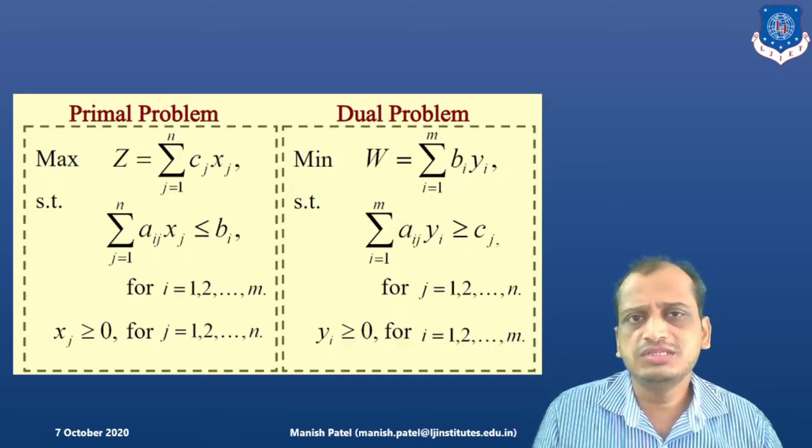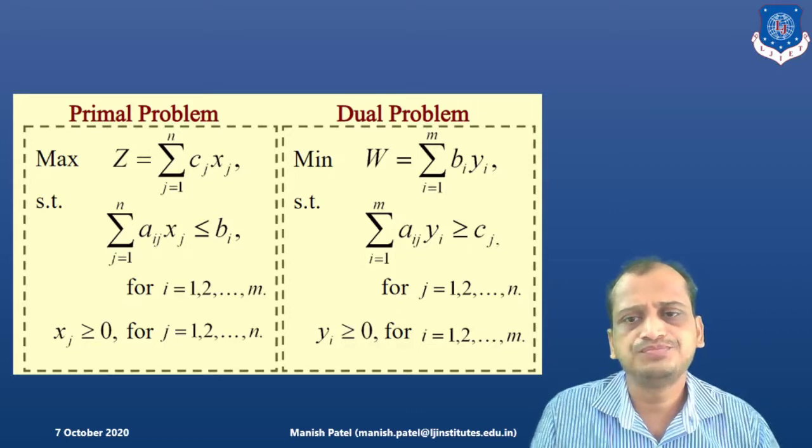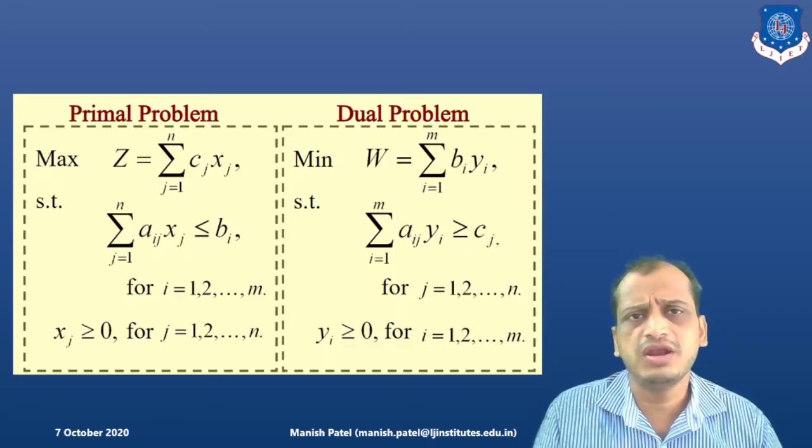When you convert this primal problem to the dual problem, it becomes minimize w equals sigma bi yi from i equals 1 to m, subject to the constraints sigma aij yi greater than or equal to cj for j equals 1 to n, and yi greater than or equal to 0 for non-negativity.